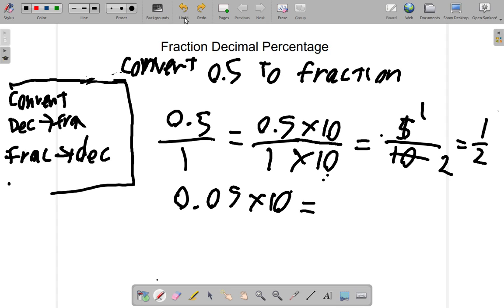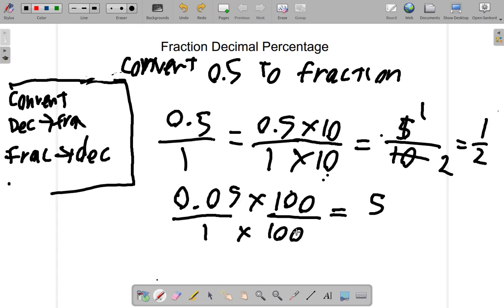Alright? So let's backtrack. You write the 0.05 over 1. Multiply this by what? By 100. You multiply 0.05 by 100. What you get is 5. Alright? And then you must multiply the 1 by 100 and you get 100.